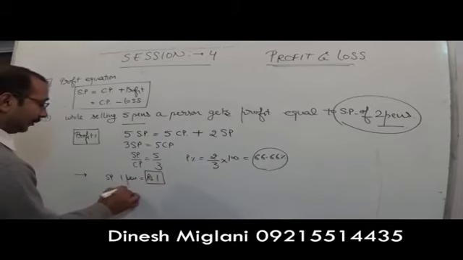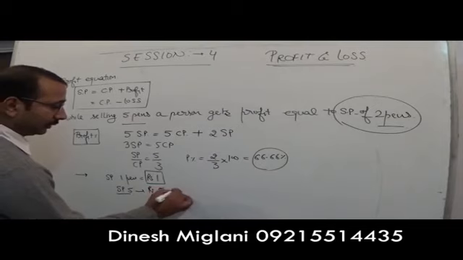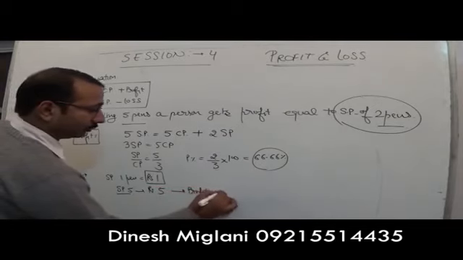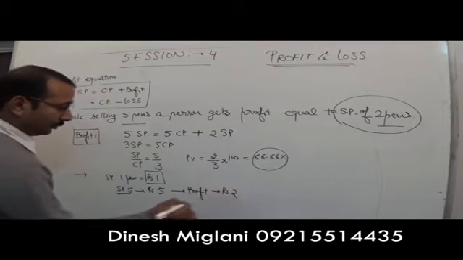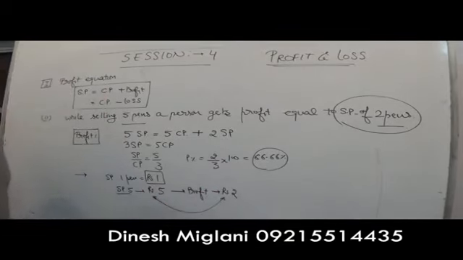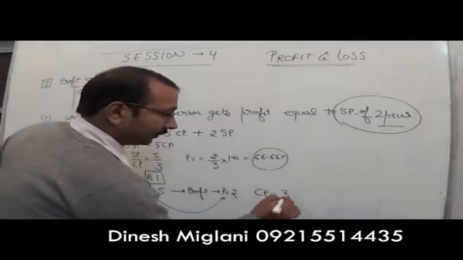Then SP of 5 pens is rupees 5 and the profit is rupees 2. So now, if SP is rupees 5 and profit is rupees 2, I can say cost price will be rupees 3.